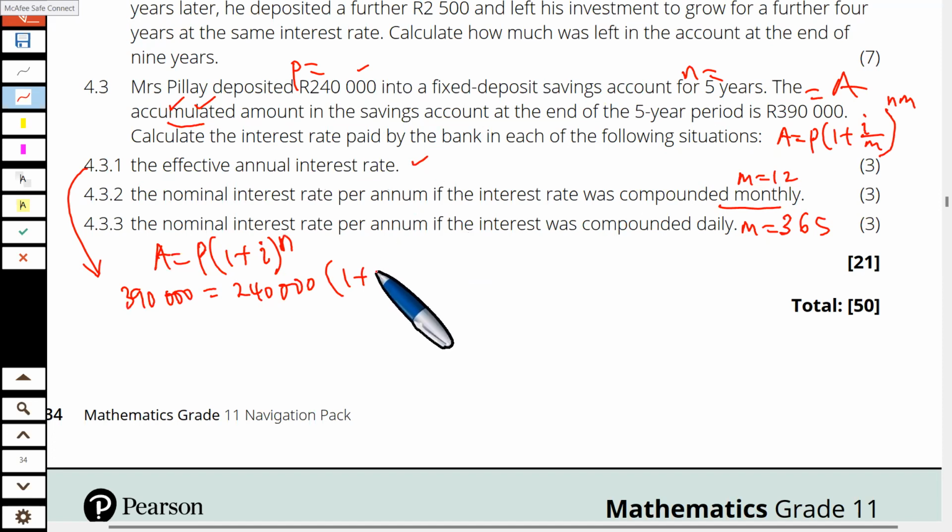So you leave i. You have the 5 years, which is 1 plus i to the power 5.